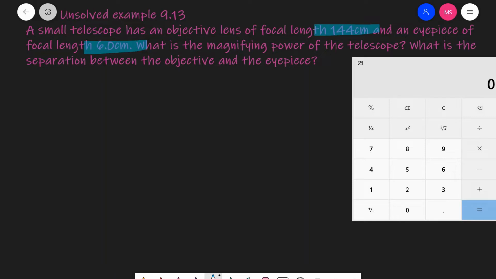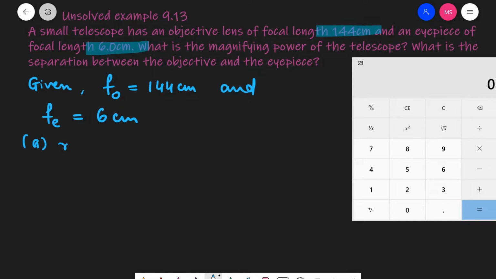So, given focal length of objective as 144 centimeter and focal length of eyepiece is given as 6 centimeter. Now first one, we have to find magnifying power.